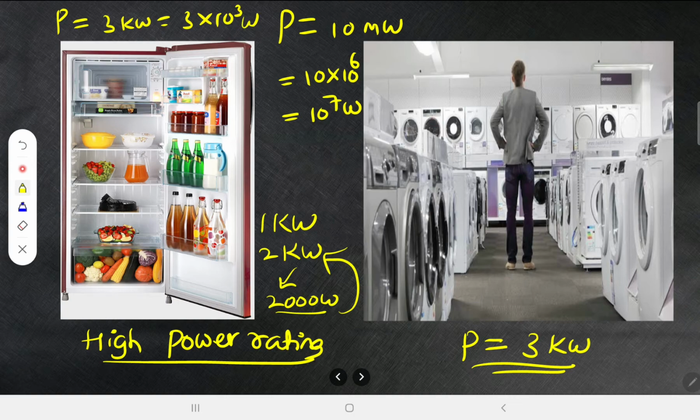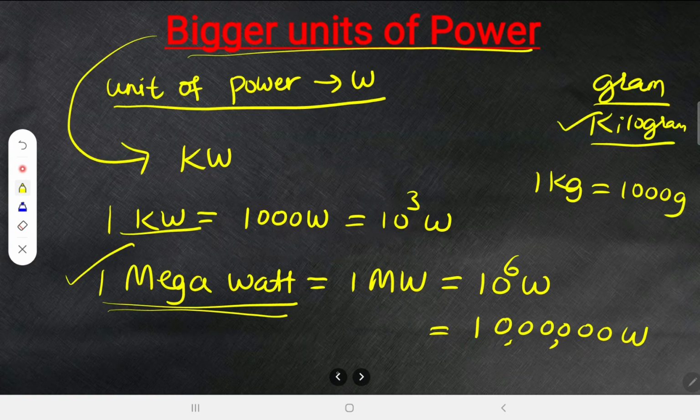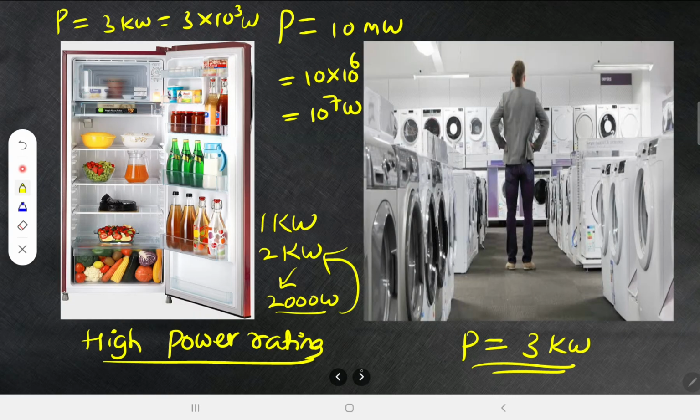All right, fine. Moving forward, now let us look at the commercial unit of energy also. I have talked about the bigger units of power, so after that we have to come to the concept of the commercial unit of energy. Commercial means to pay the bills, to pay the money.